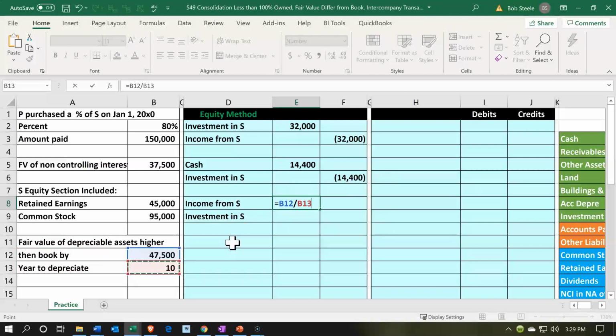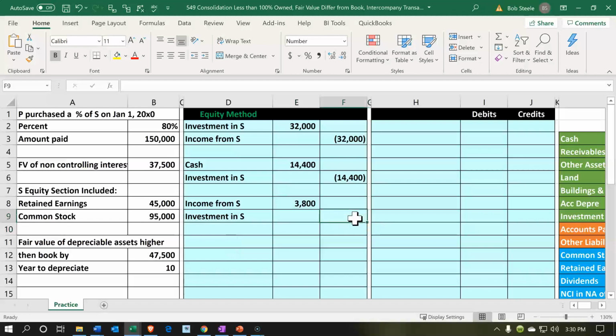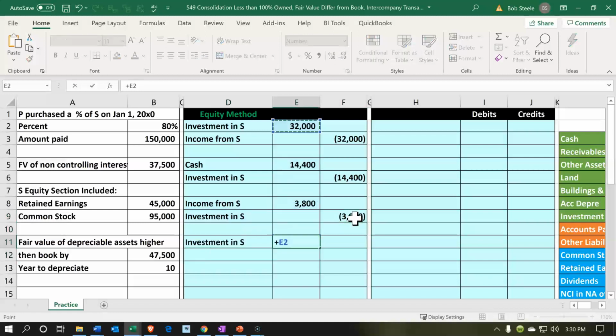That would give us the depreciation for the current year that we're talking about, times the 80%, our portion of it. So notice what we didn't do is recalculate it for the other 3 years that have taken place, because we're just looking at the current year's activity. So there's the debit and the credit. So if we take a look at the effect then on the investment account for just the current year, we have that 32, we've got the 14, we've got the 3.8.